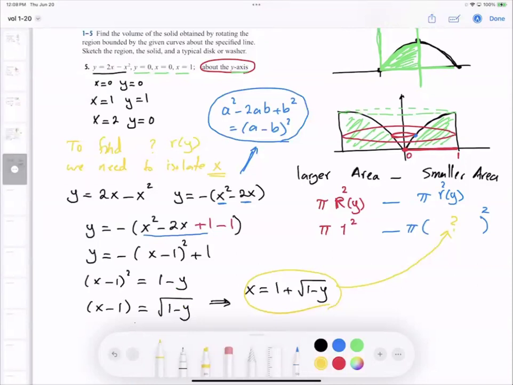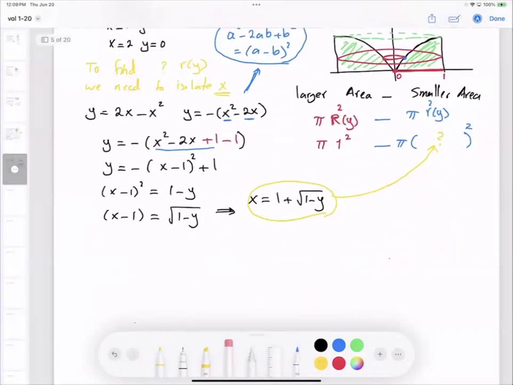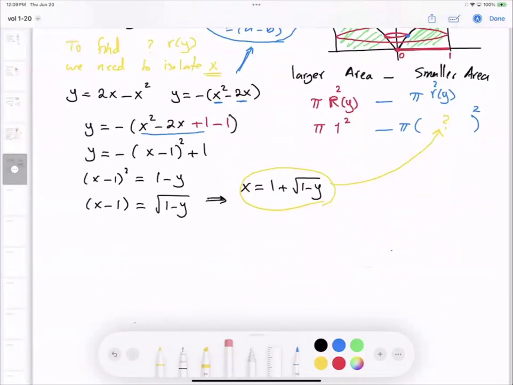Very good. So we did all the algebra that is necessary to find the difference between these two areas and then put them inside the definite integral and do the calculation. So let us move on to the next page and do the calculation.